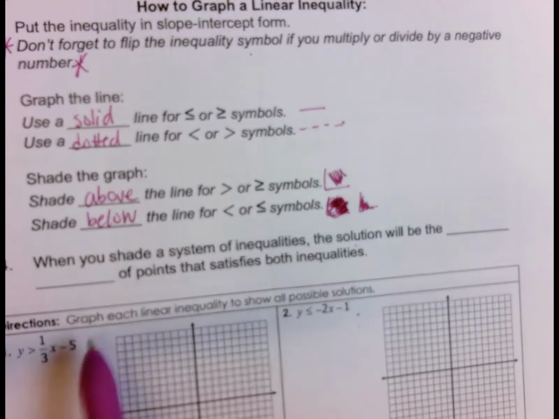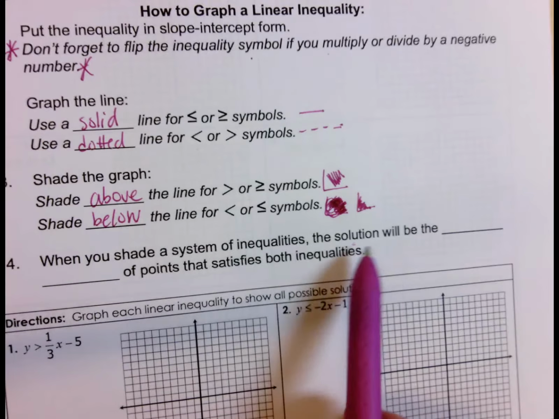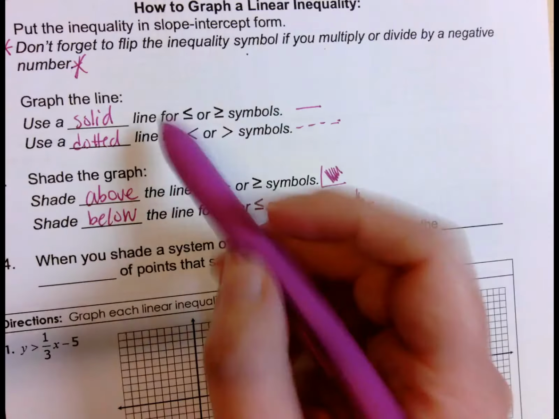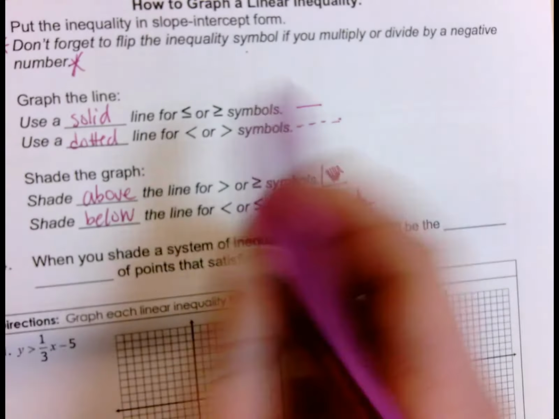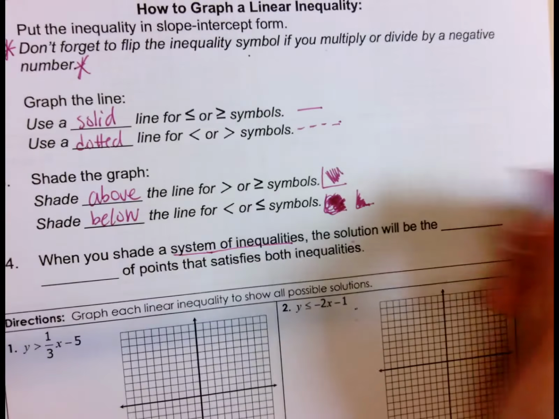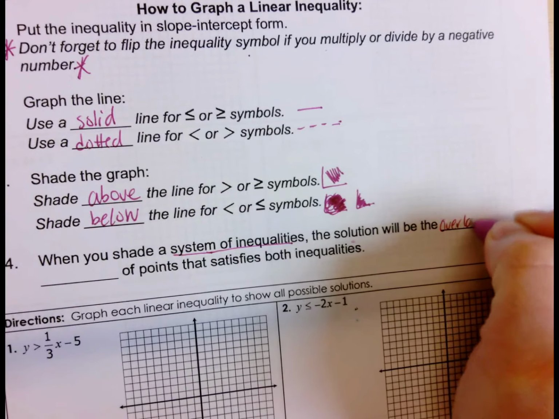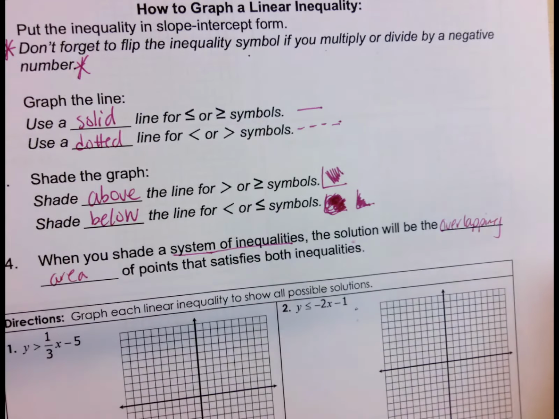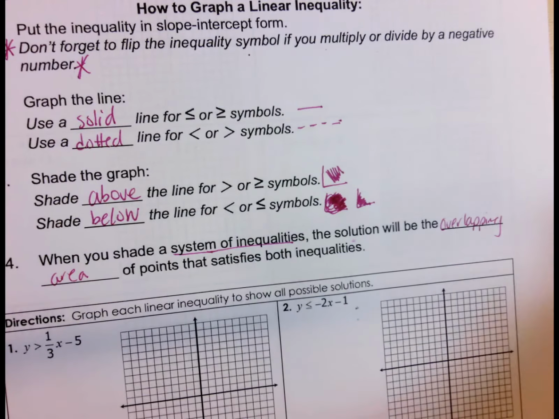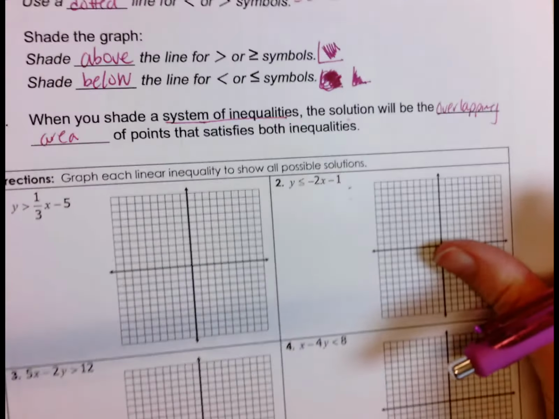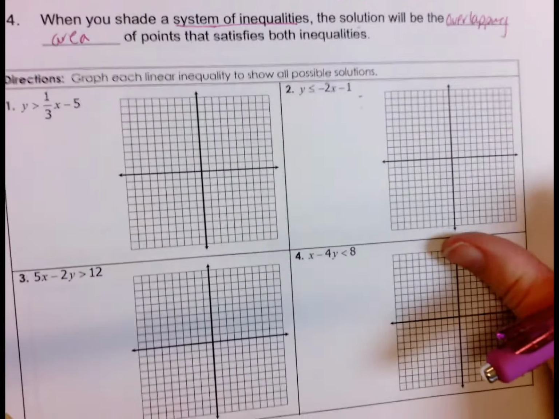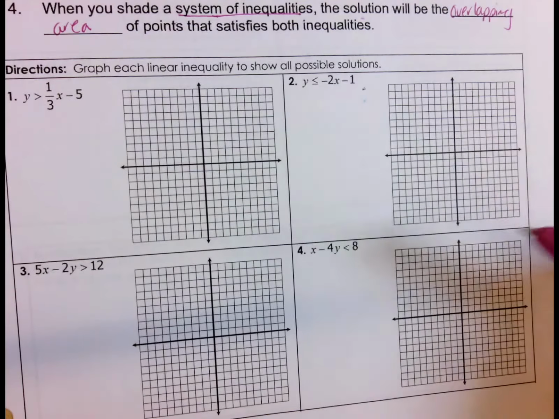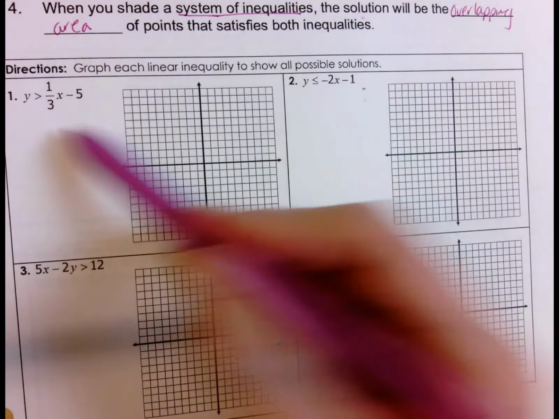When you shade a system of inequalities, the solution will be the overlapping area of points. It's where we cross those. So before we get into practicing with systems of inequalities, we're just going to practice a few that are just linear inequalities, so just one of them.